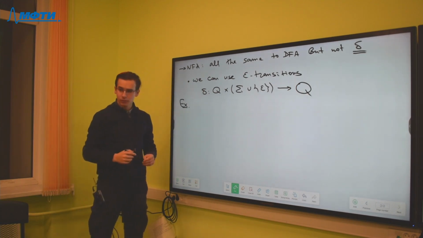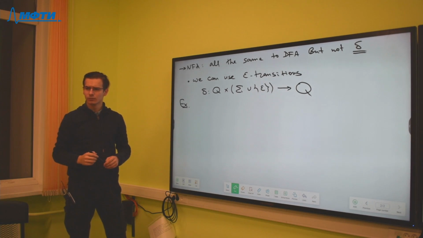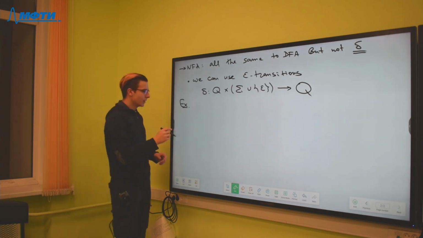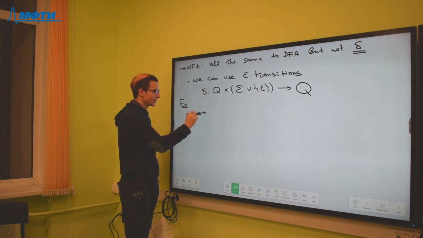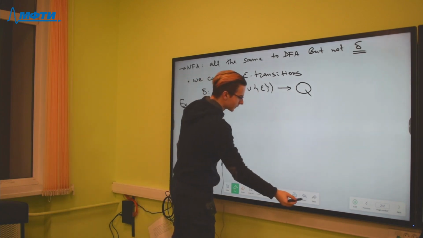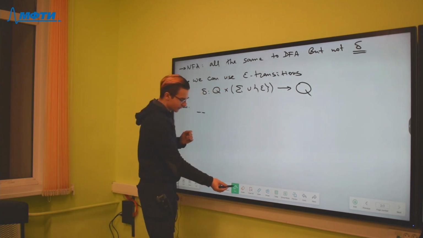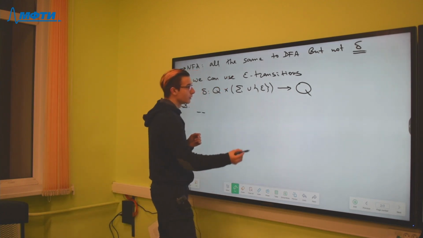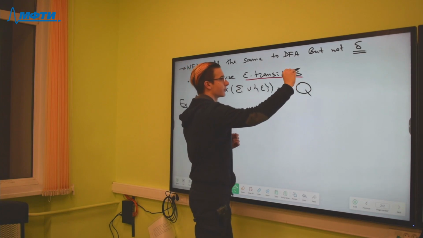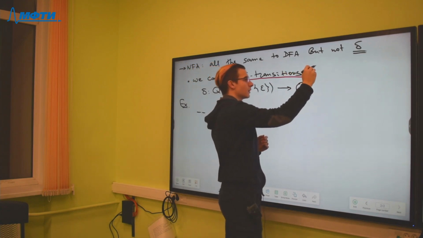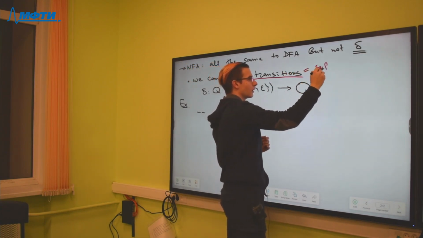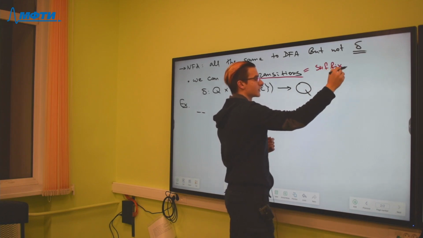You said that you can have different states at the same time. Yeah, I say that now with the definition, because we use suffix links in the Knuth-Morris-Pratt algorithm, and of course they are epsilon transitions.